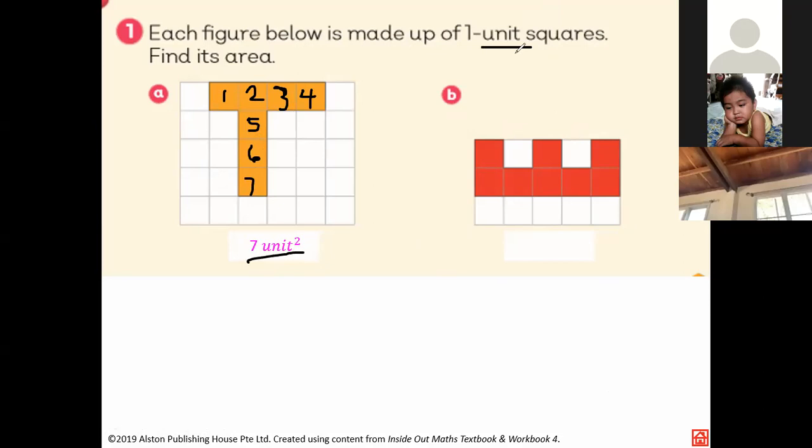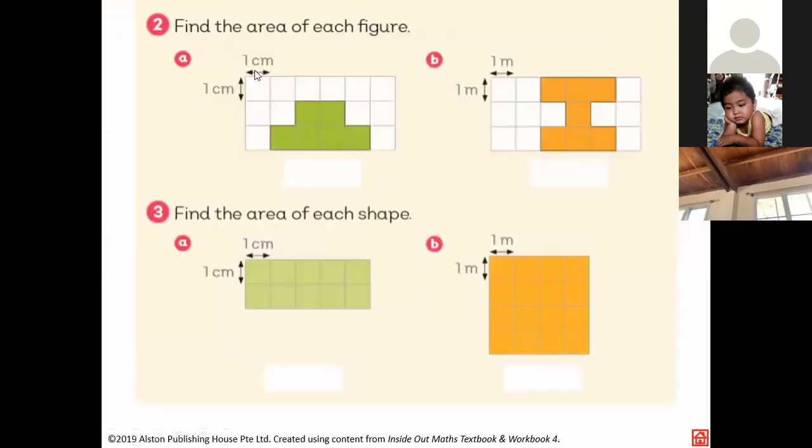Okay. All right, what about letter B? 8 unit squared. Okay, so 8 units squared. So we have 1, 2, 3, 4, 5, 6, 7, and 8. All right, very good. What about letter C?